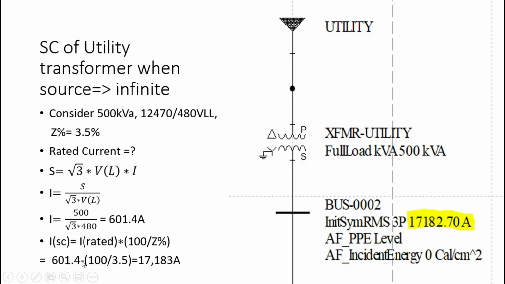It should be a multiply sign here, so it's a little mistake; ignore it and consider it a multiplication sign. When calculating this you will get the same value which is shown here, which means that we have done our calculation correctly.